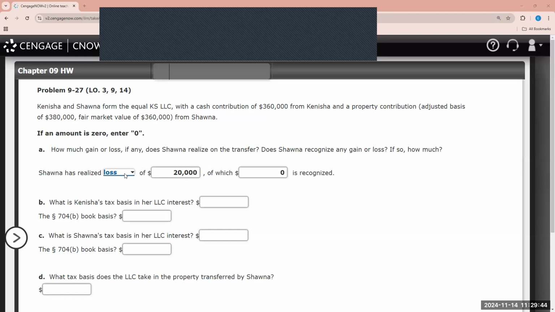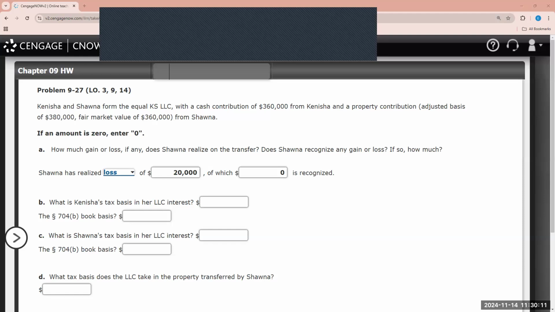So in this case, Shauna has a realized loss of $20,000. None of it is going to be recognized, and recognized basically means that it is reported for tax purposes. Under these rules, Section 721 contains the general rule that there's no gain or loss recognized to a partnership or to partners. And she is subject to this rule, hence she won't recognize the loss.